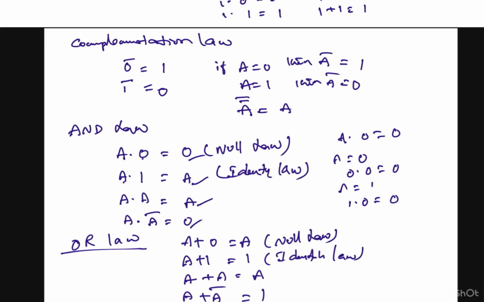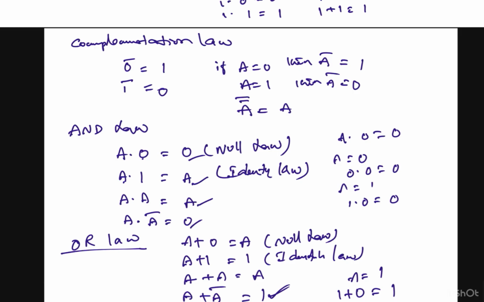If you want to verify this, suppose A is equal to 1, then 1 plus A bar is 1 plus 0, which is equal to 1. So this is correct.